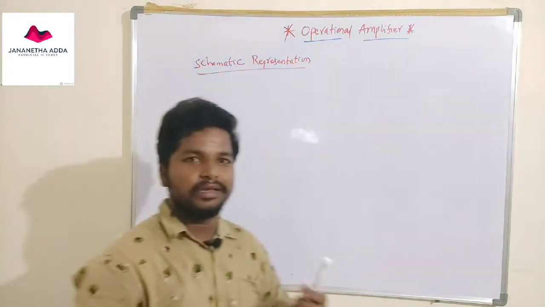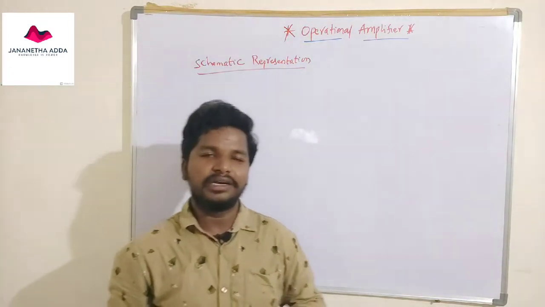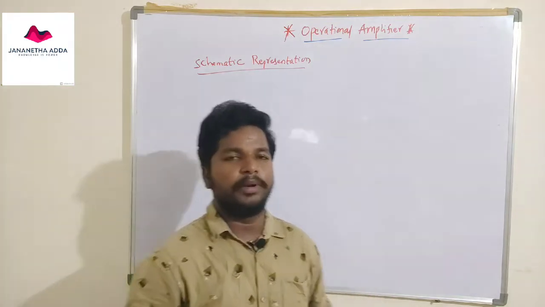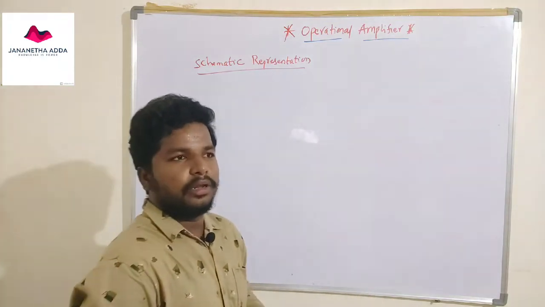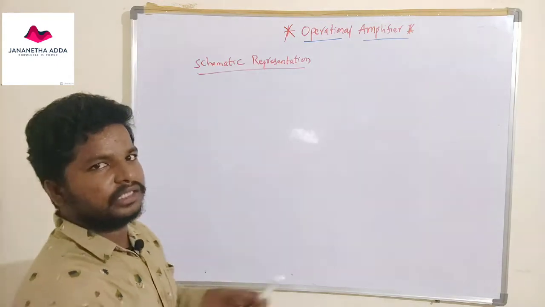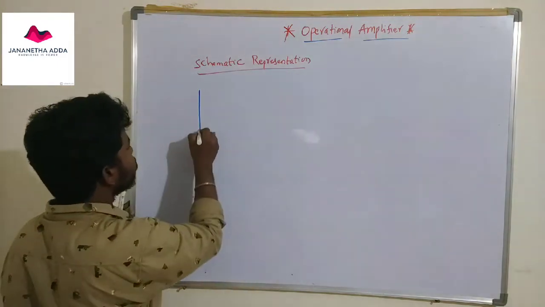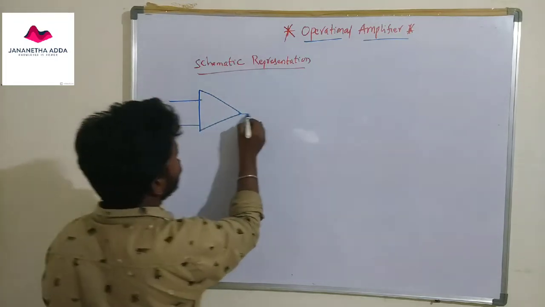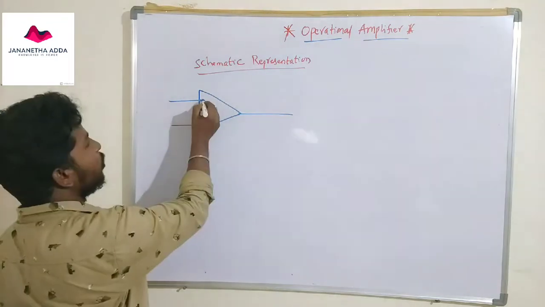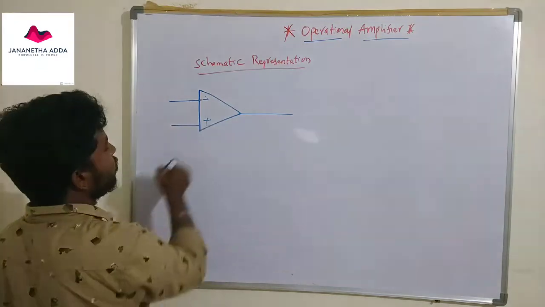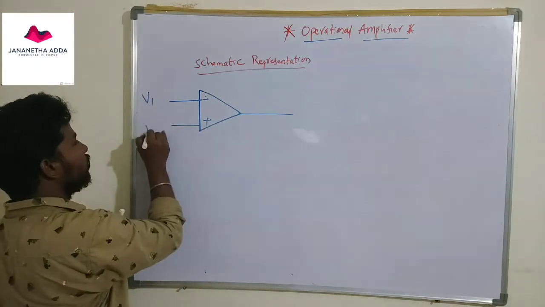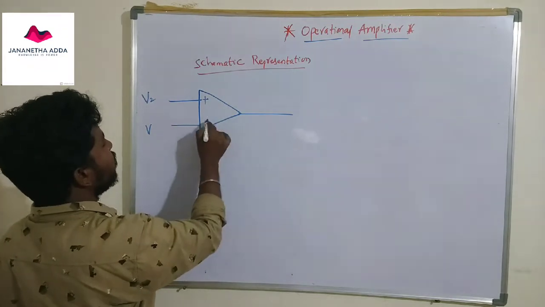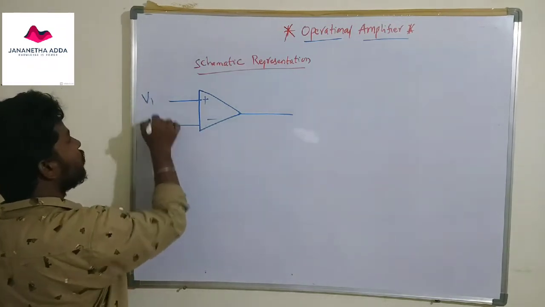To analyze any electronic circuit, whether a digital element or an analog element, we have to represent it with a symbol so that we can analyze it easily. It has two inputs and a single output, with positive and negative terminals. I am assuming V1 and V2, positive and negative.